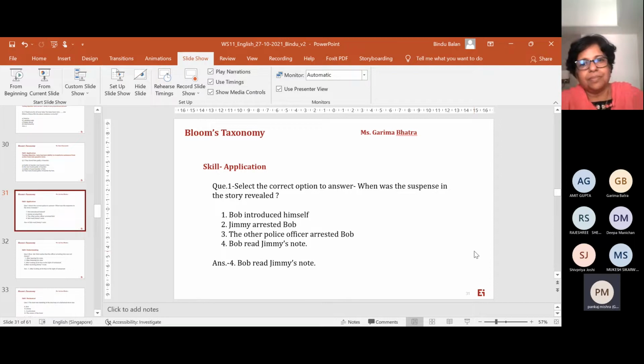So definitely it's in the correct category: application plus. He has to analyze, he has to assume, and he has to imagine also what was the situation that creates suspense in the story. So a skill-appropriate question has been framed here.